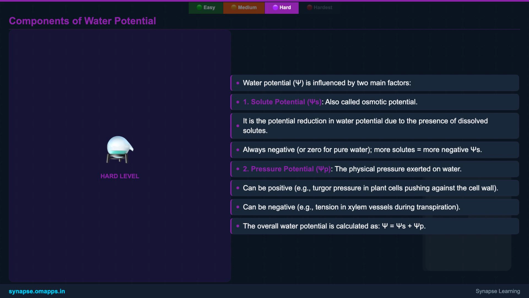In plant cells, this is often positive due to turgor pressure, where the cell membrane pushes against the cell wall. However, it can also be negative, such as the tension in xylem vessels during transpiration. The overall water potential, which determines water movement, is the sum of these two potentials: psi equals psi-s plus psi-p.